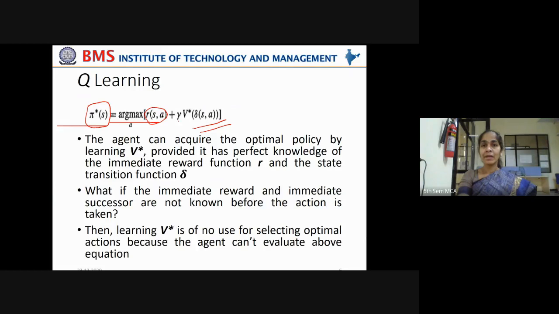plus its immediate next state's cumulative reward values. There might have been calculated reward values for that next state, right? That cumulative reward values of that next state, delta represents change from state S1 to S2. So here we are taking delta, which indicates some change has happened in the state.